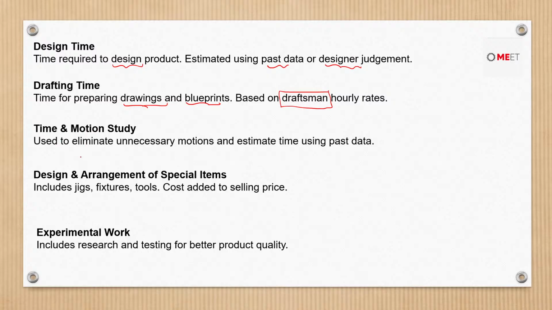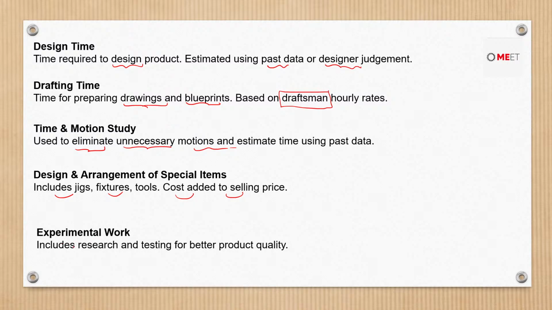Time and motion study is used to eliminate the unnecessary motions during the operation process. This time and motion study was included in the first chapter of industrial engineering and estimation and costing. Next is design arrangement of special items, which includes jigs and fixtures, special tools, and the cost is also added to the special selling price.